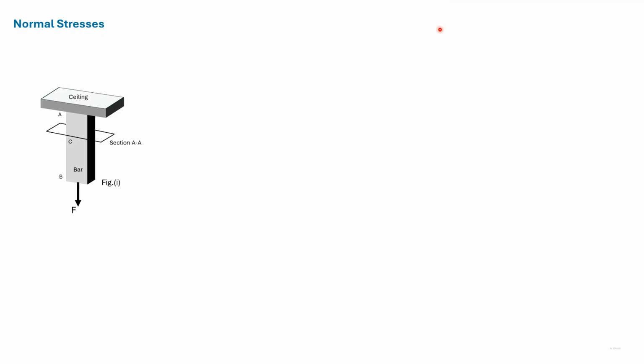Here we look at a simple case where a section perpendicular to the axis of the component is subjected to normal stress only. The component considered is a bar subjected to axial loads. The bar has uniform cross-section.